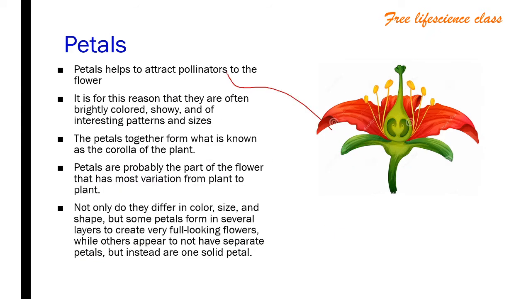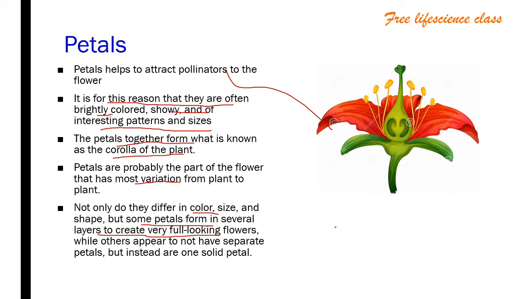Petals help to attract pollinators. It is for this reason that they are often brightly colored, showy and of interesting patterns and sizes. So the petals together form what is known as the corolla of the plant. Petals are probably the part of a flower that has the most variation from plant to plant. Not only do they differ in color, size and shape, but some petals form in several layers to create very full looking flowers.